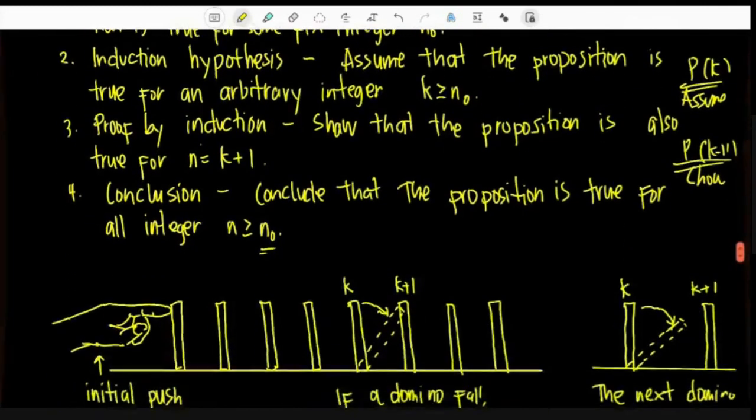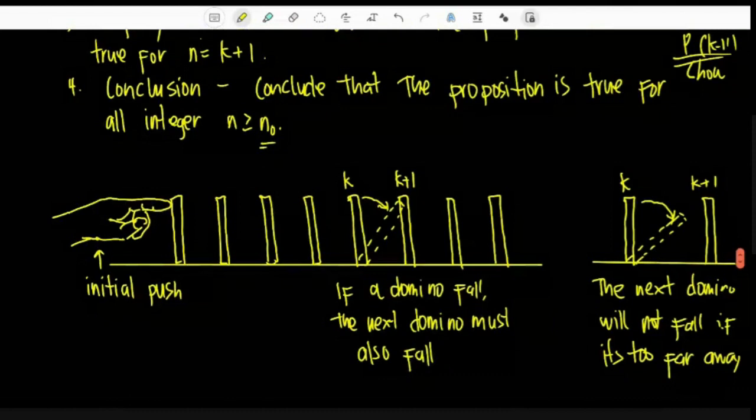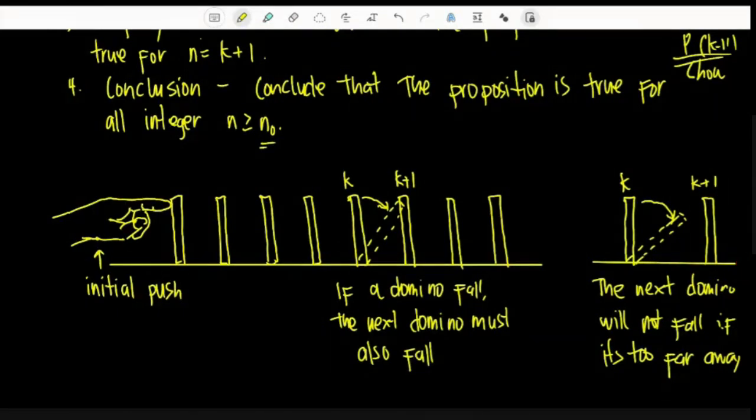So an easy way to imagine induction is like a setup of dominoes. So let's say you have an infinite number of dominoes stacked together. There are two important things for the domino fall to succeed.